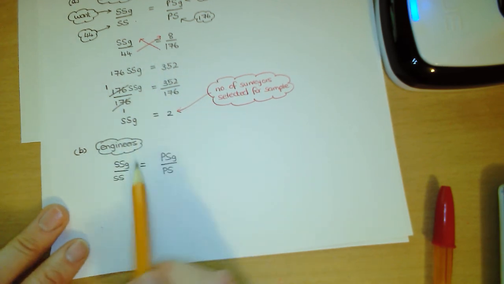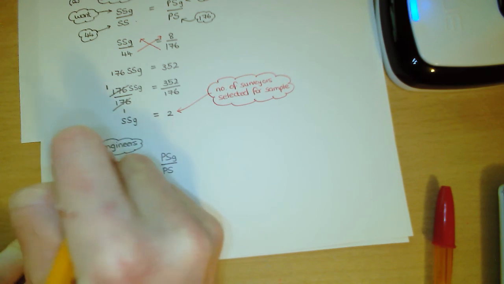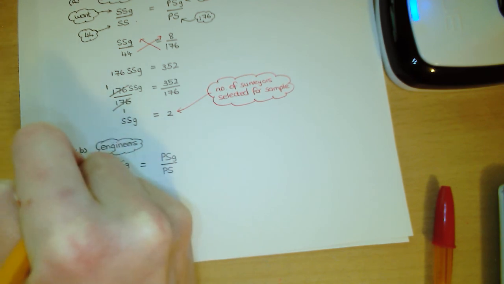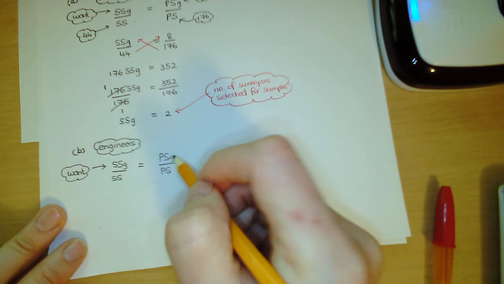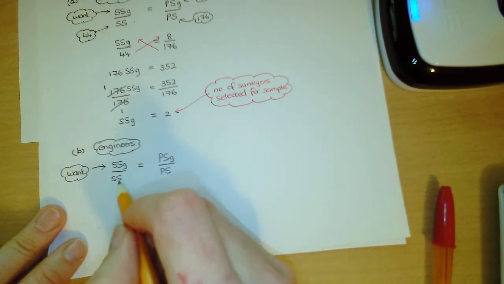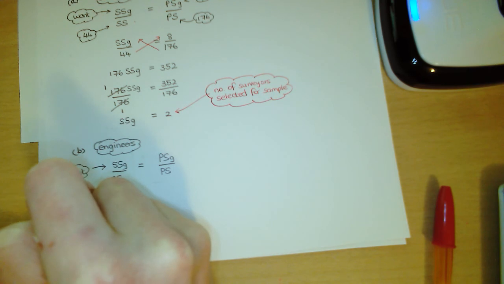And again, identify first what you want. We want the sample size of the engineers group, in other words, the number of engineers that are selected for the sample. So we want the top bit. And then identify what the other quantities are. So the overall sample size is 44, remember? We worked that out at the very beginning.